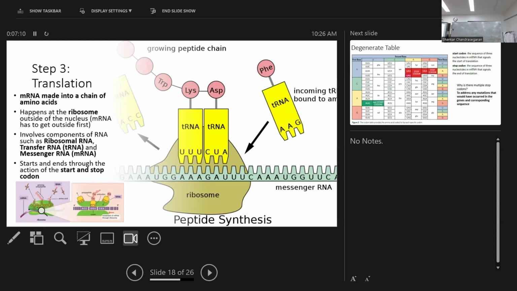Transfer RNA is the RNA that brings the amino acids to the ribosome to be made into a long polypeptide chain. Ribosomal RNA is the RNA that makes up the ribosome. Okay, so when you think about the ribosome, you should be thinking of it as two subunits that make up one big ribosome. So, yeah, first one.